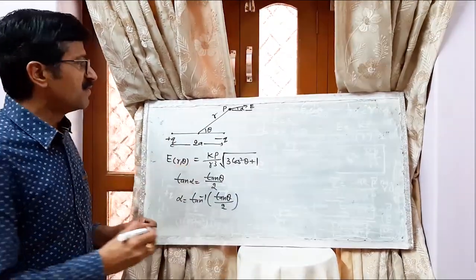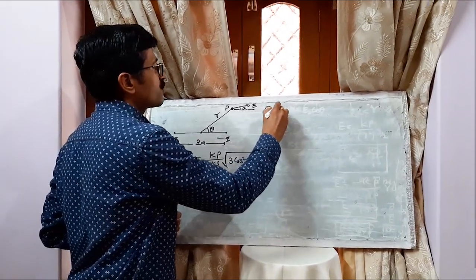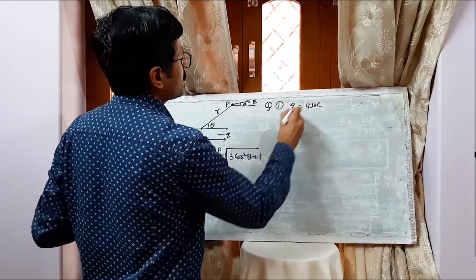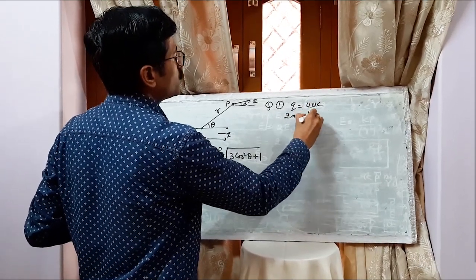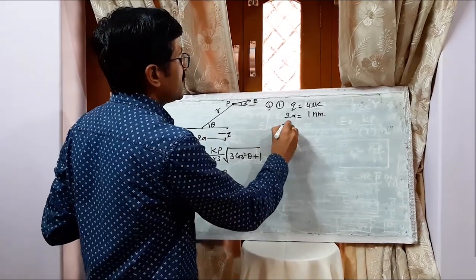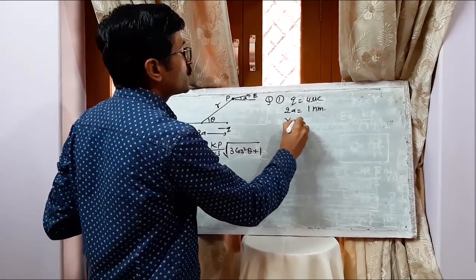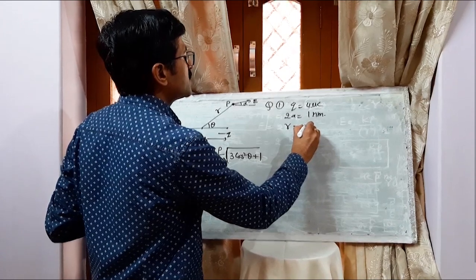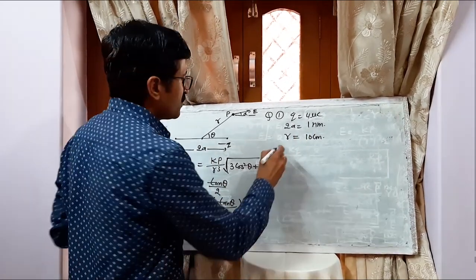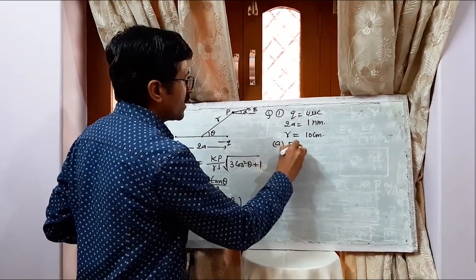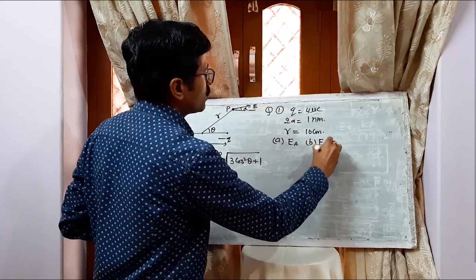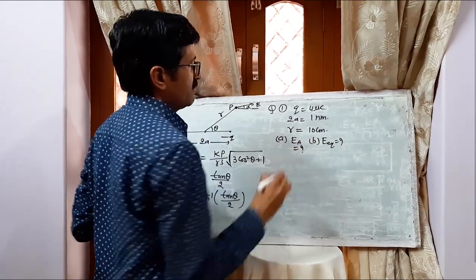The numerical problem will be like this: charge is given to you as 4 microcoulomb and separation is given as 1 nanometer, and you have to find electric field intensity due to this dipole at distance 10 centimeter from center. There are two parts, one on axis and other on equatorial axis. How to find? Very simple.